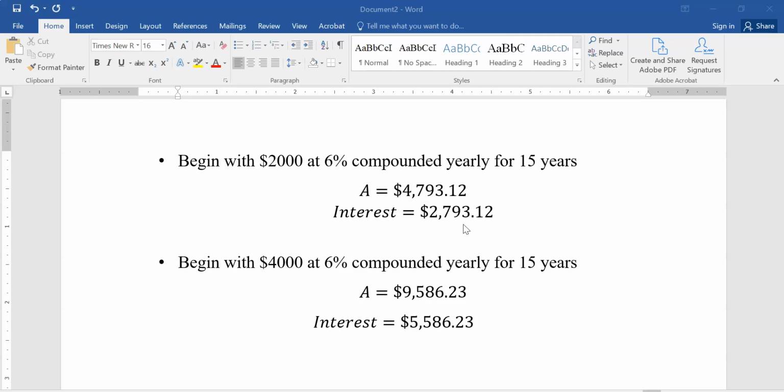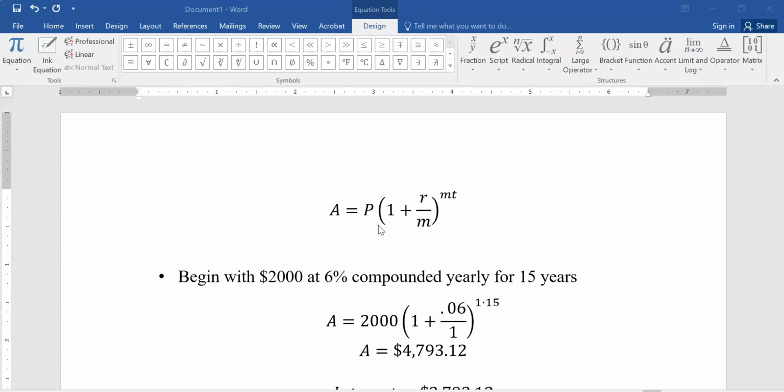And your interest gained is also exactly half when you invest $2,000 versus when you invest $4,000. So the takeaway should be that this formula, when we change the amount of P, if we double the amount of P and leave all of these other amounts the same, A is also going to double.